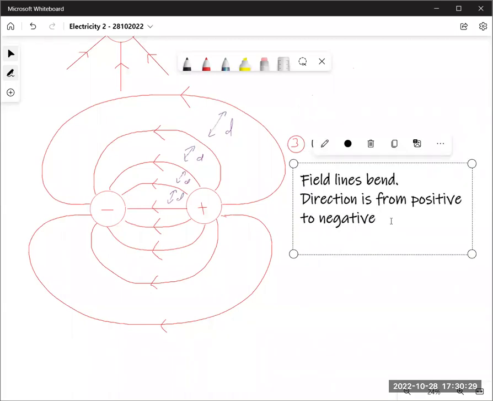So one more thing we need to write is field lines get farther apart away from charges.